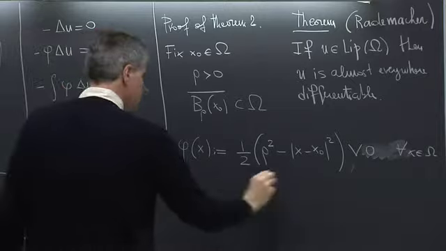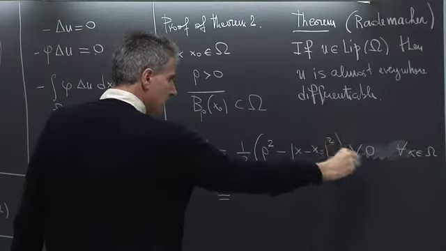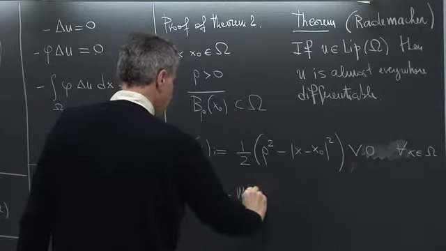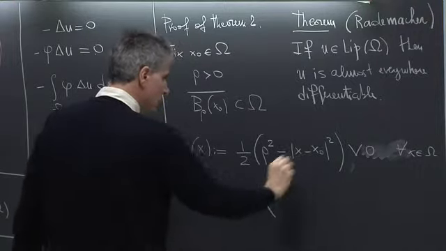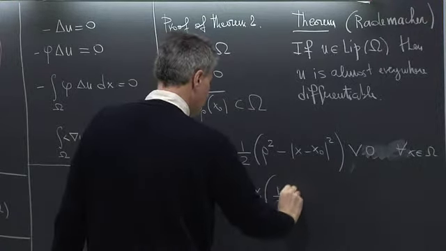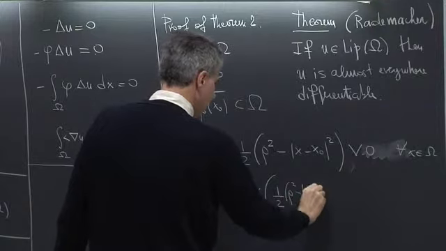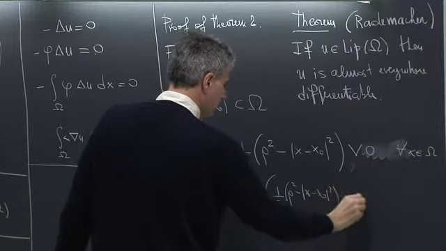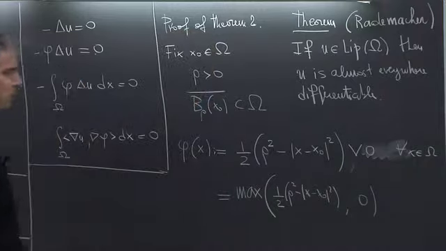What does this symbol mean? It is the max between this number and 0. Simply a symbol. What is this function here?